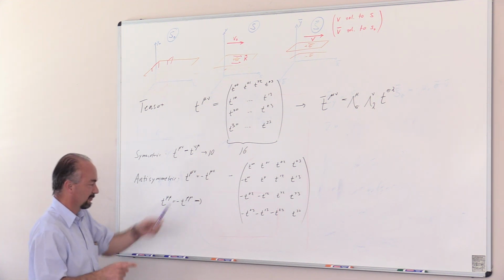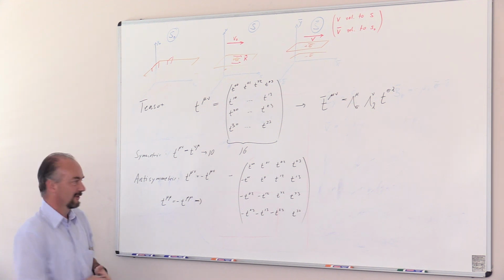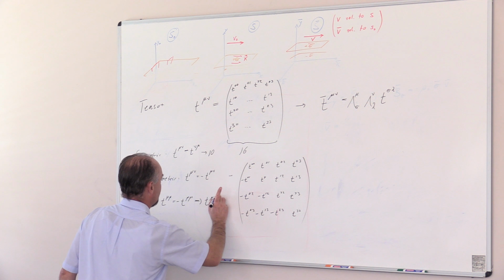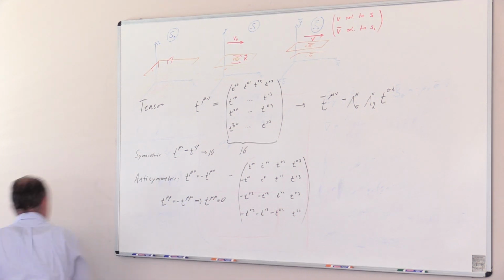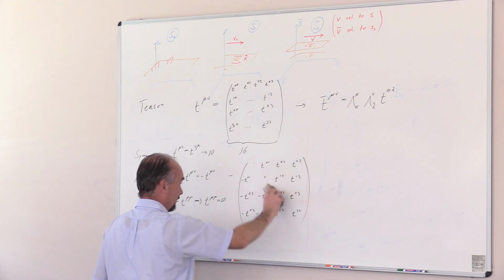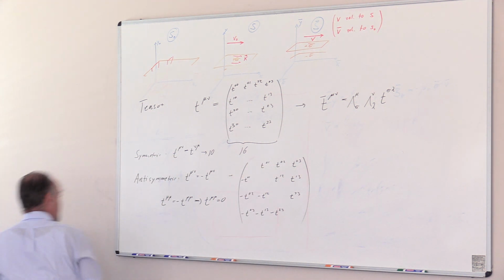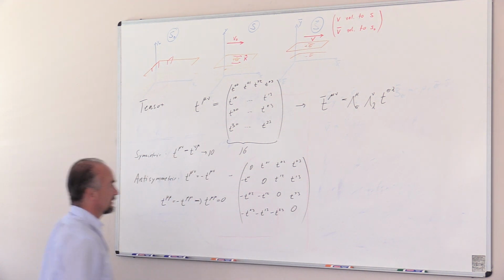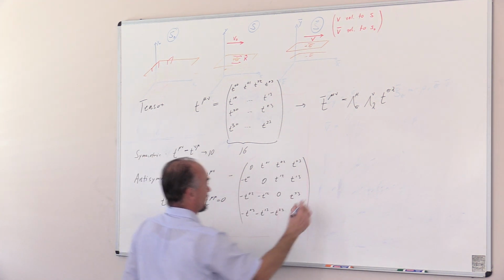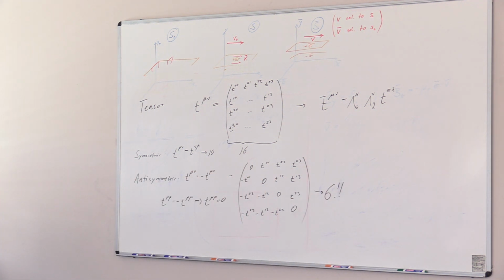If a number is equal to its negative, the number must be 0. Only 0. So if we have the anti-symmetric tensor, then everything on the diagonal must be 0: 0, 0, 0, 0. And then suddenly we have 1, 2, 3, 4, 5, 6. We suddenly have only 6 free entries.